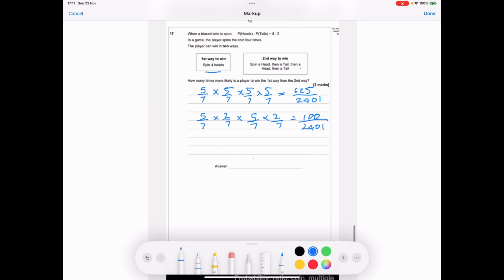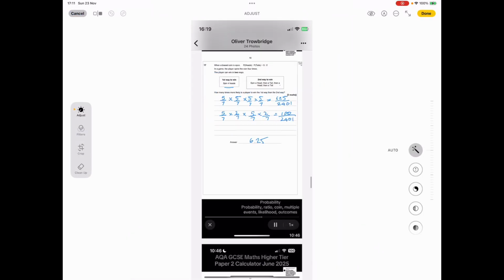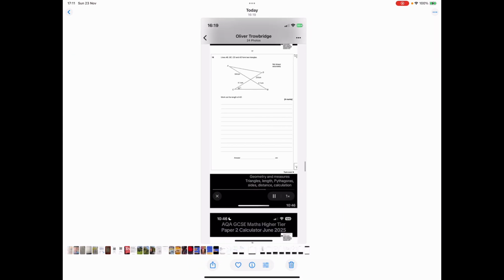So you're 6.25 times more likely to win the first way than the second way, which I suppose I could have got without actually having to do any of that work.